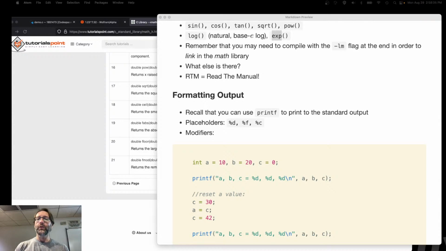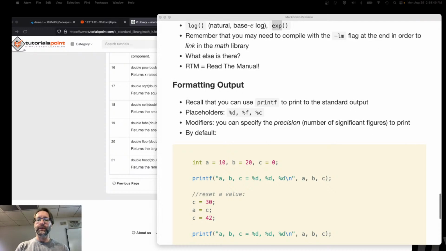You can specify the precision, that is the number of significant figures to print. By default, 6 digits of precision are printed for double values.